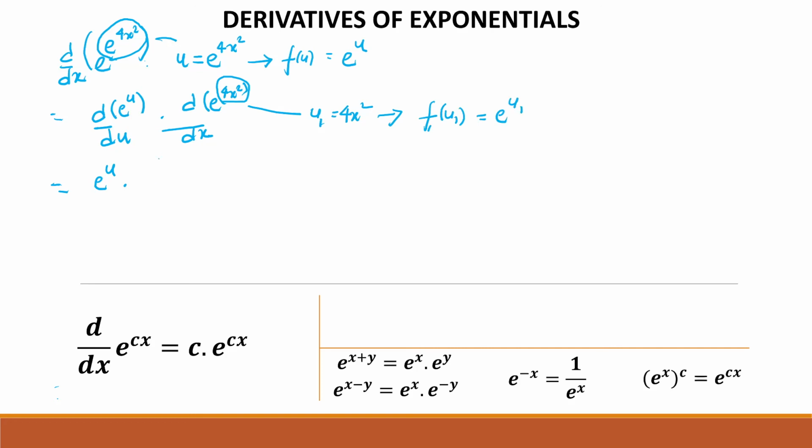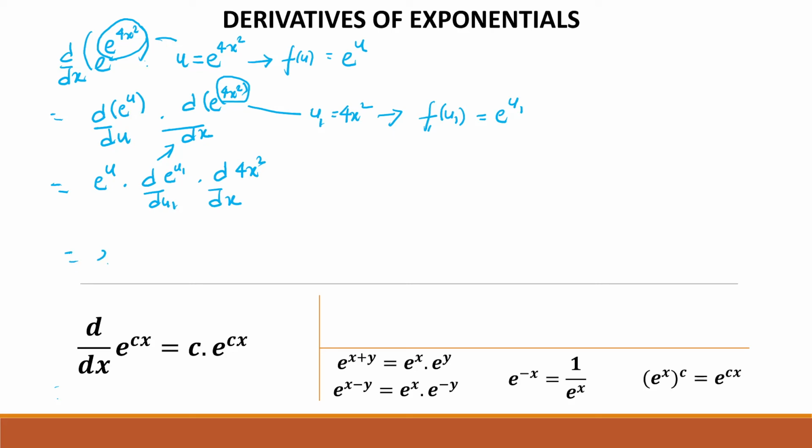So again, applying the chain rule to this term, we have f with respect to u1 is e to the power u1 with respect to u1 times the derivative of variable u1, which is 4x squared with respect to x, right?